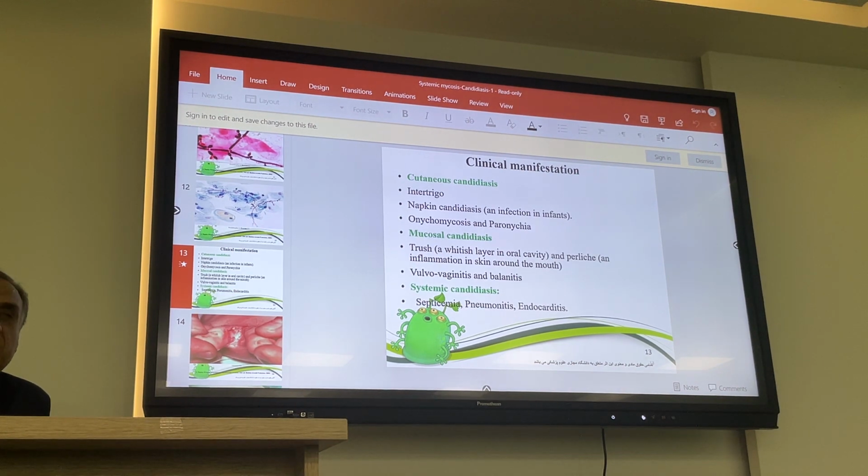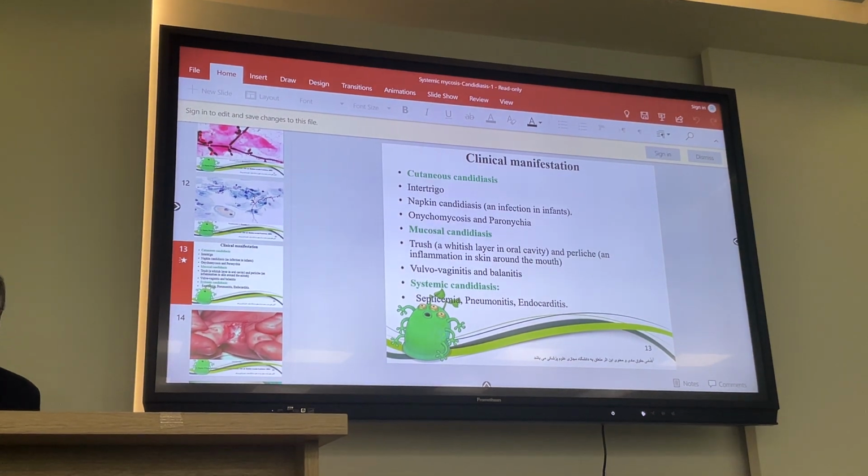What is an iatrogenic factor? They are some physical, medical actions: use of antibiotic therapy, use of corticosteroid therapy, and surgery, such as bone or solid organ transplantation.